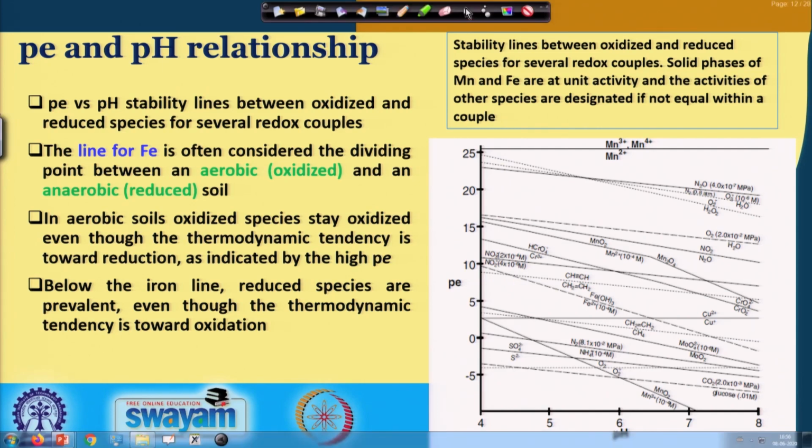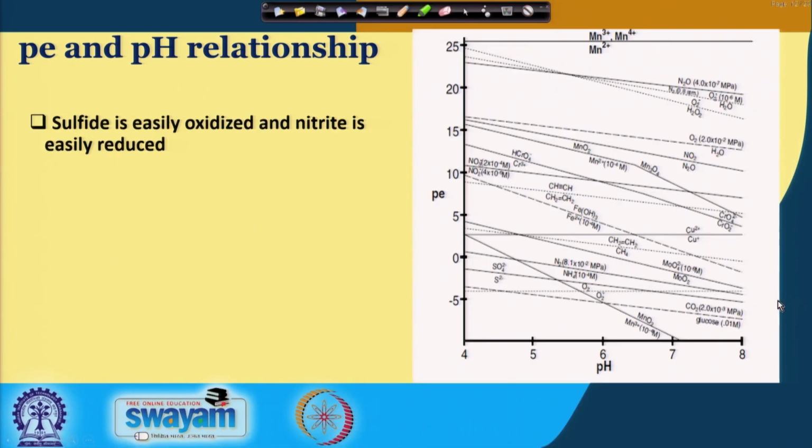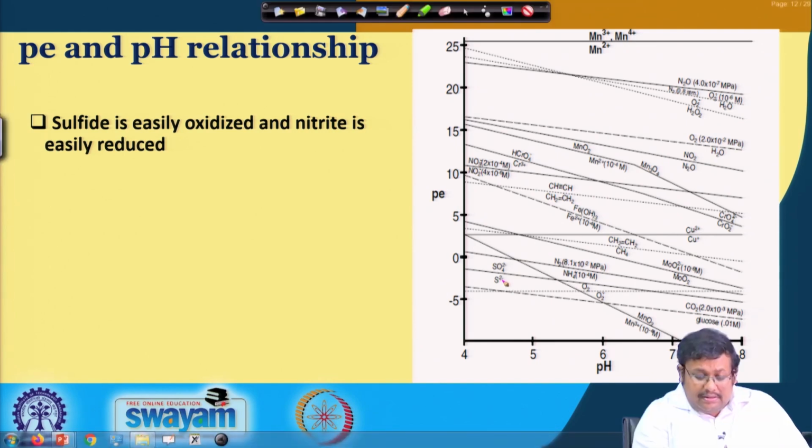If we move ahead, we will also see one important thing: this is sulphide. This sulphide and sulphate is an oxidized and reduced form, so basically this is a redox couple, and this is the stability line. We can see that sulphide is easily oxidized and nitrate is easily reduced, because this sulphide and sulphate couple remains below the cutoff line, or the borderline, that is the Fe3, Fe2 borderline.